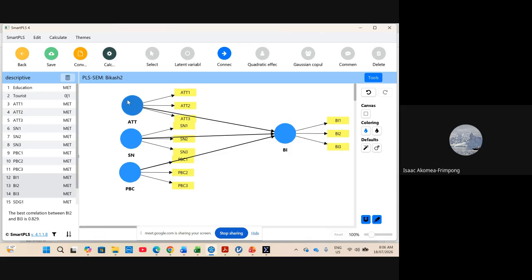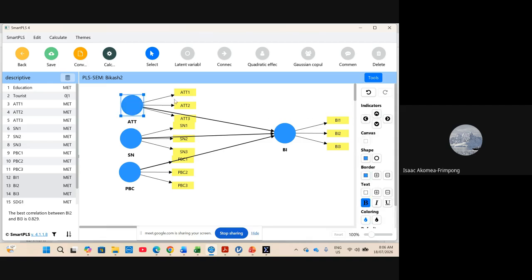One good thing about smart PLS is that there's a way to change the direction of the indicators. So you put your cursor on it, you come to select, and anywhere you want to direct them to, you can do it.